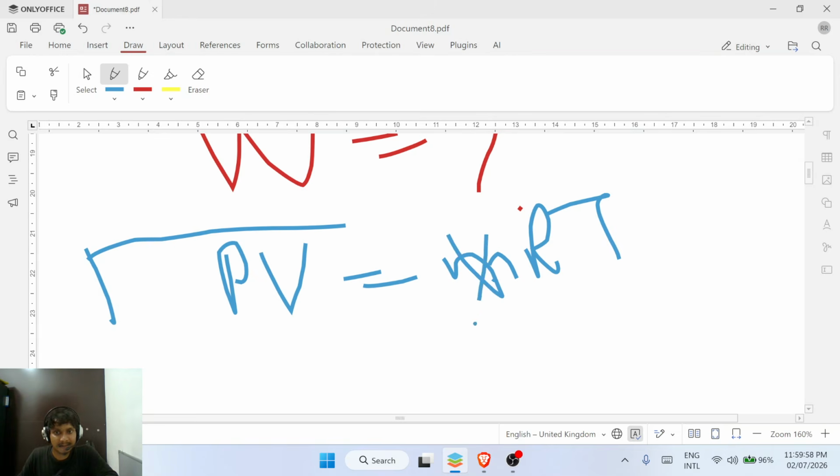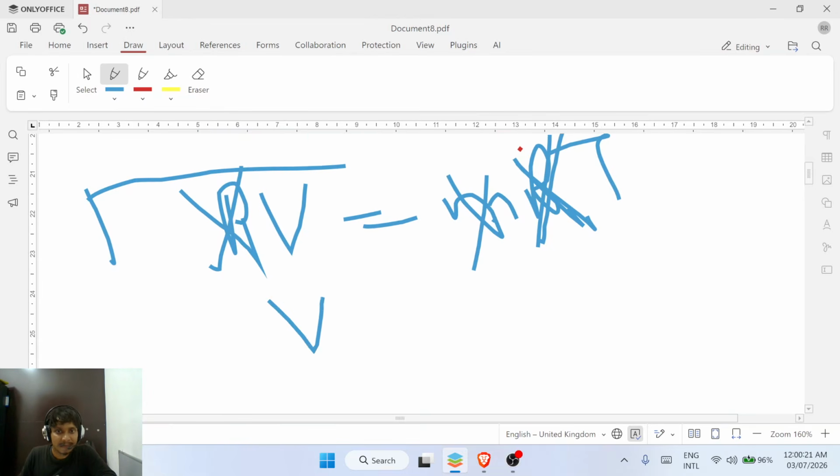Here m is constant. R is also always constant. The mass of the gas is constant. The specific gas constant R is also always constant, which is 0.29 something. P is also constant. They have already mentioned that P is constant. Therefore, V by T is constant. All are constant.